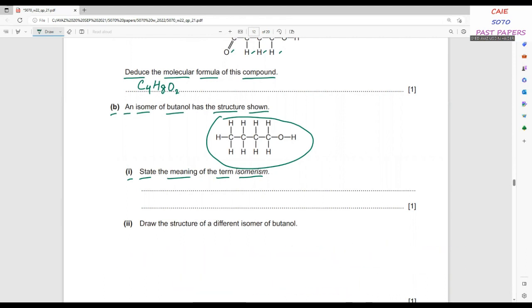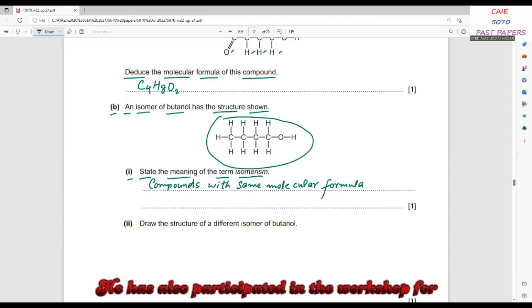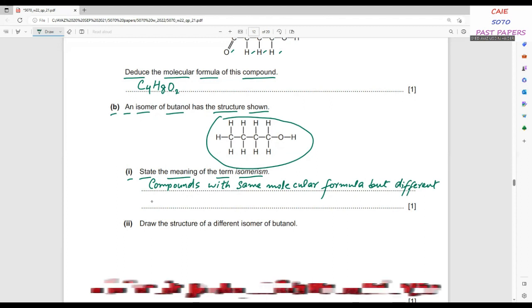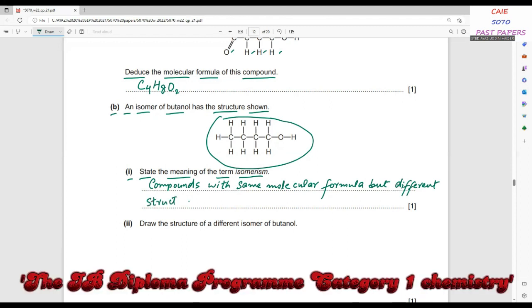Compounds with the same molecular formula but different structural formula.